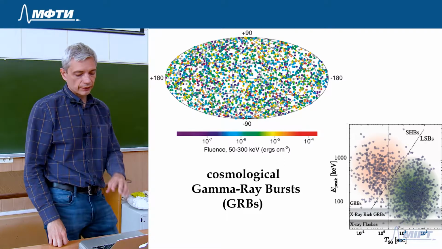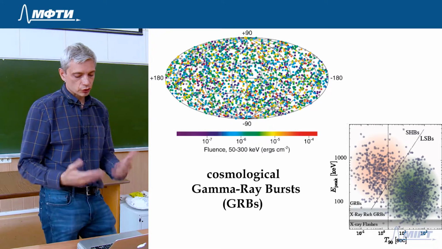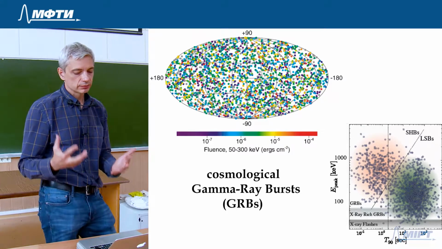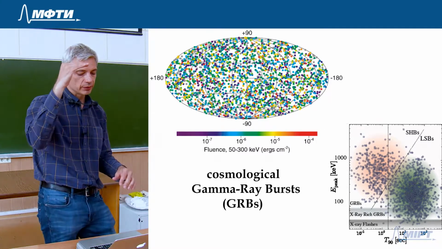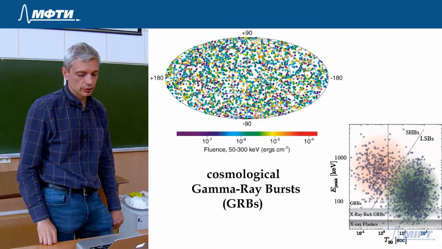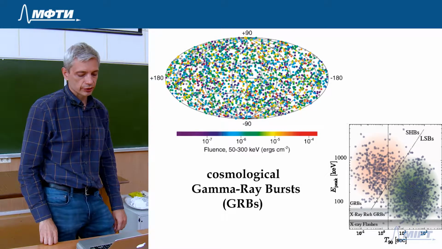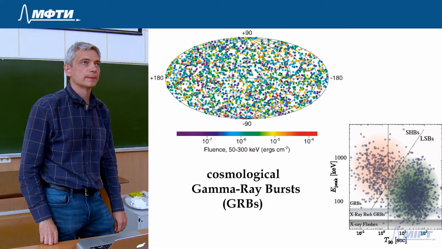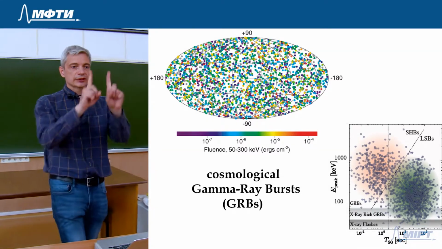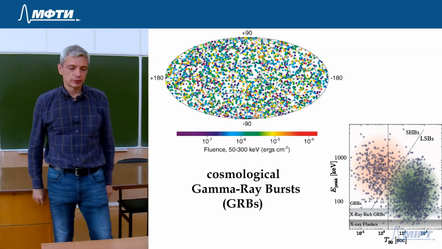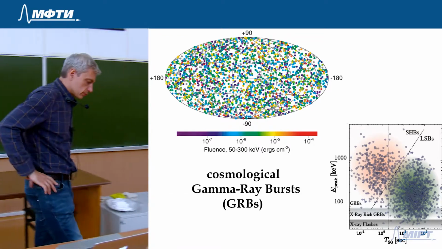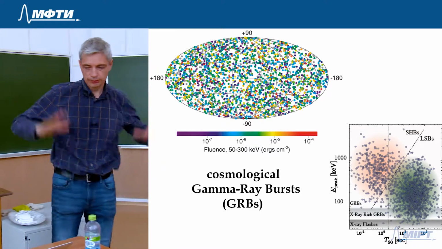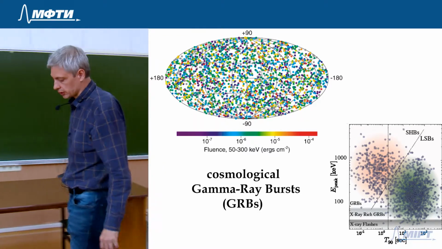And the orange cloud is the short bursts, which are a little harder. They normally peak closer to 1 MeV photon energy, and the typical duration is less than around 1 second. So the bimodality in the distribution of bursts on this plane was suggestive, as a purely phenomenological argument, that there are two different classes.